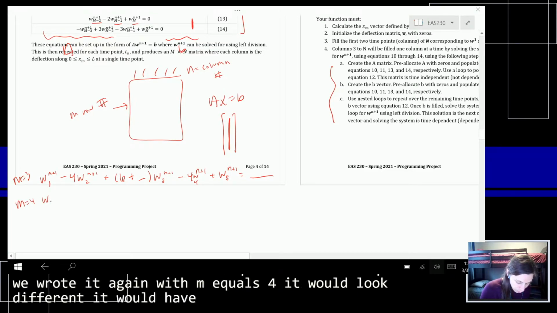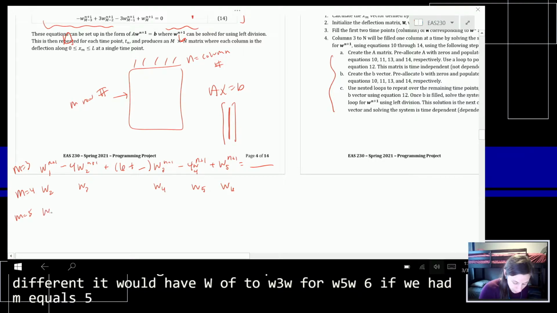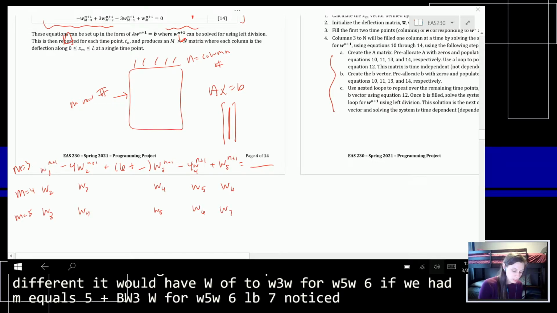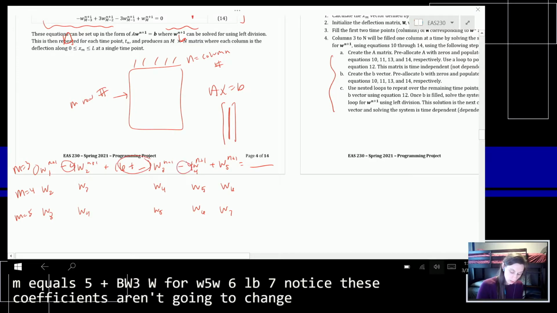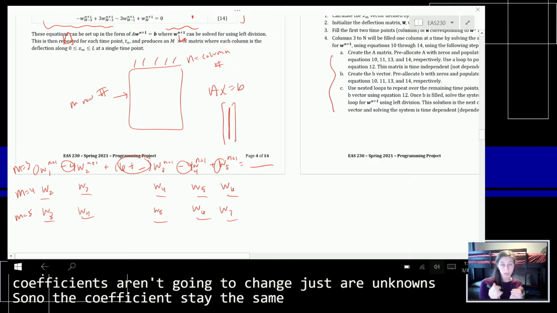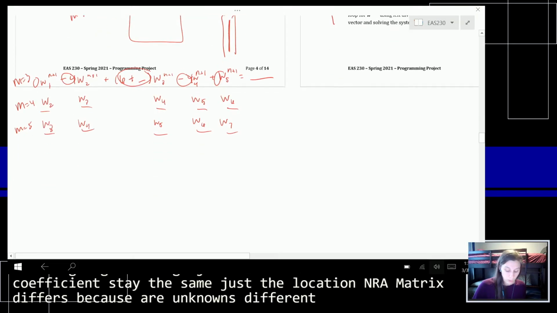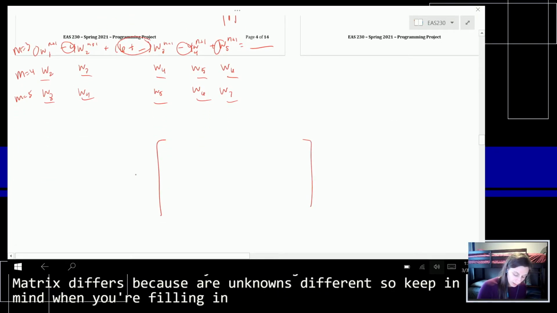It would have w2, w3, w4, w5, w6. If we had m equals 5, it'd be w3, w4, w5, w6, w7. Notice these coefficients aren't going to change, just our unknowns. So note the coefficients stay the same, just the location in our A matrix differs because our unknowns differ.